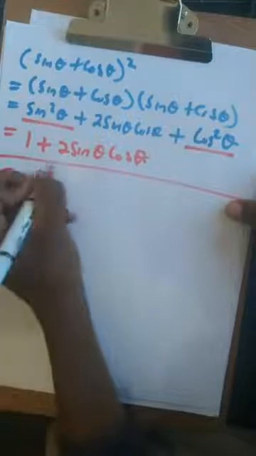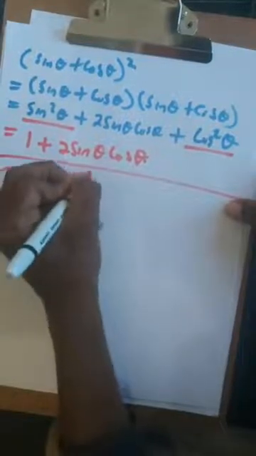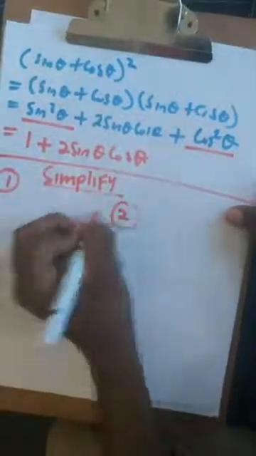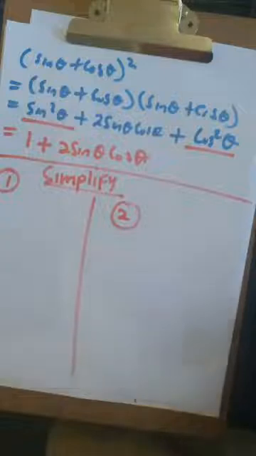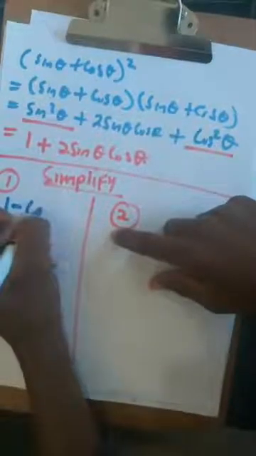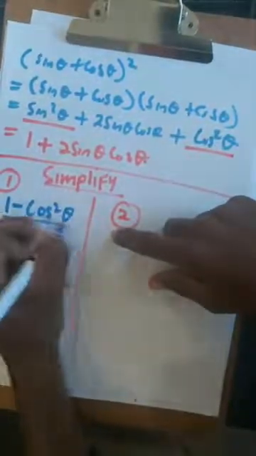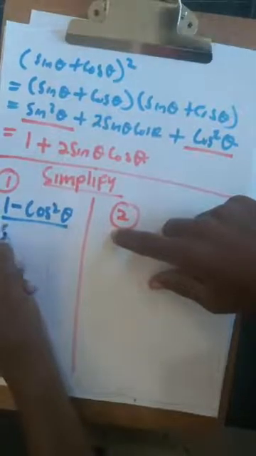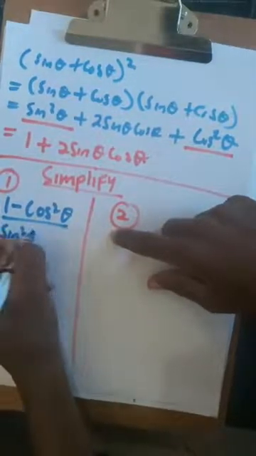I just want to give you 2 problems to simplify. I just want you to try number 1 and number 2, simplifying them using these trig identities. Number 1: 1 minus cos squared theta divided by sin squared theta minus 1. Simplify this as far as possible.